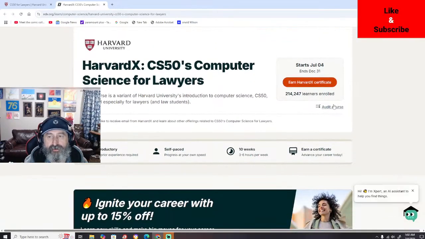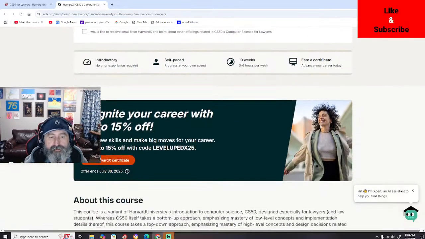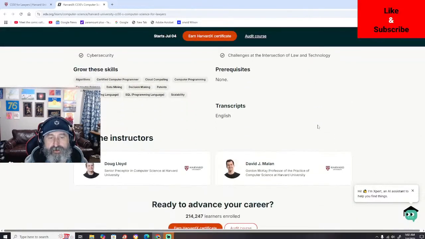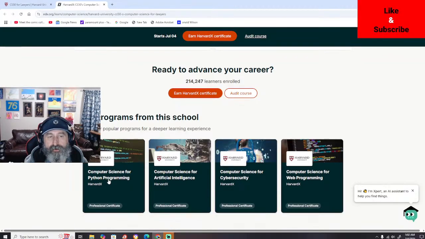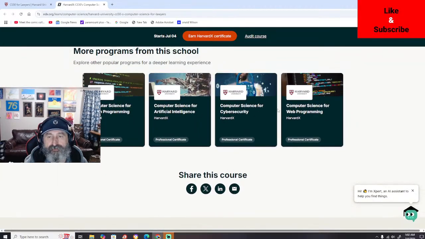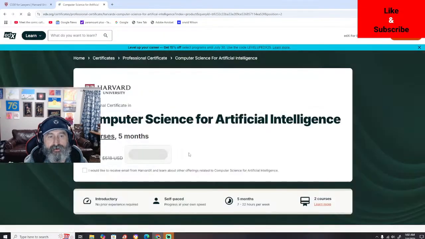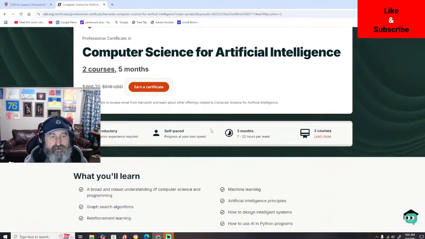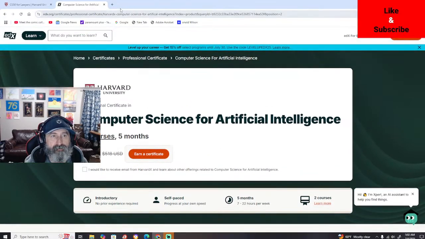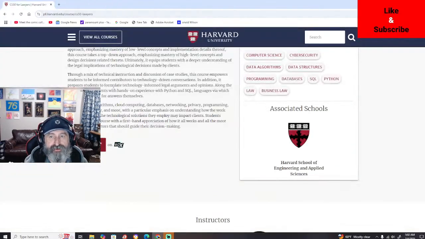It looks like this one only has an audit option, but in most cases, there's an option to take the class for actual credit. Now, if you notice how they have all these certificate programs and stuff like that, you cannot get the certificate for free, obviously. You're going to have to end up paying to receive a certificate from Harvard Online's education system.